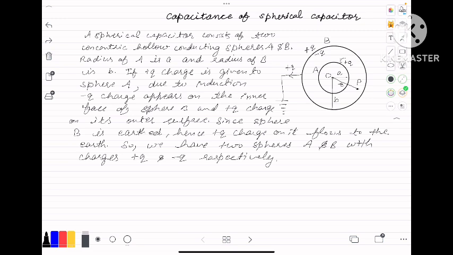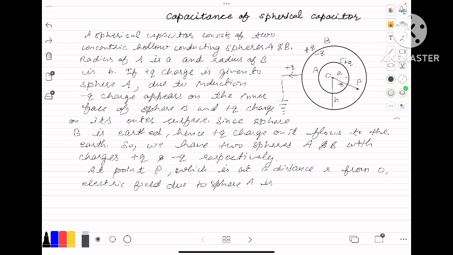At point P, which is at a distance r from O, electric field due to sphere A is equal to Q upon 4 pi epsilon naught r square, and due to sphere B is 0.